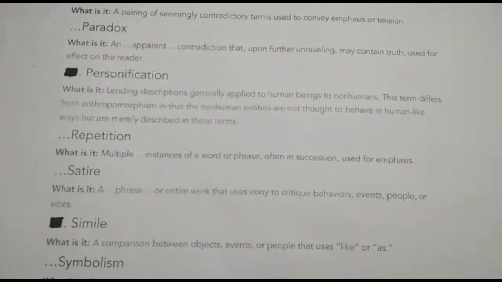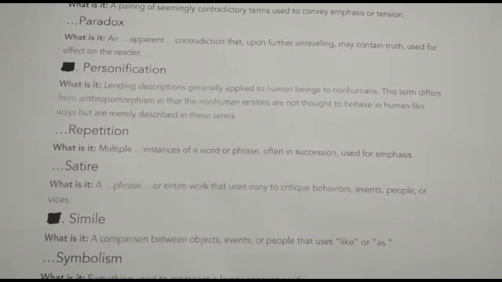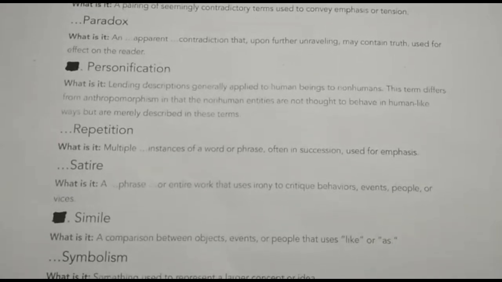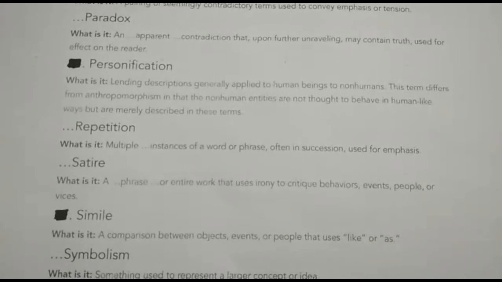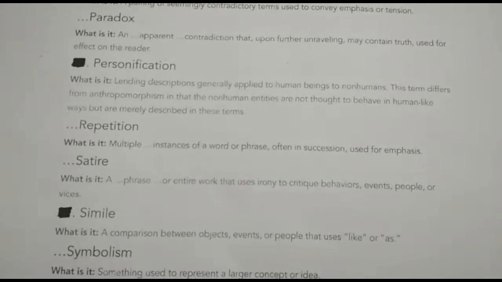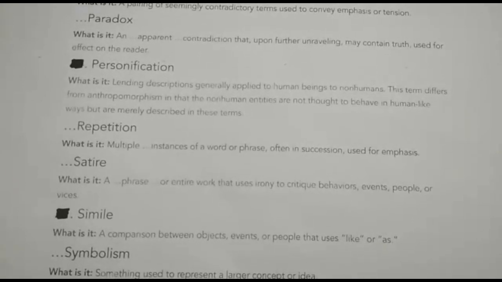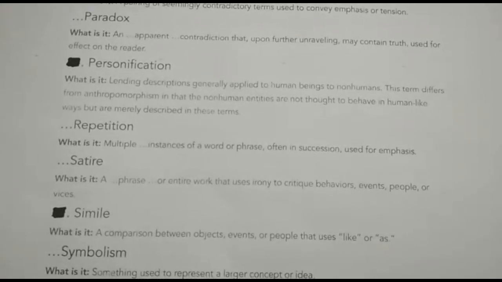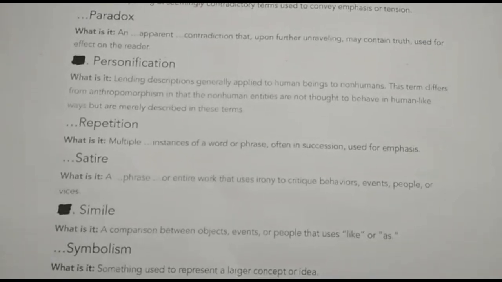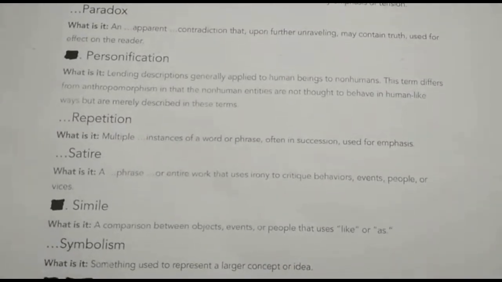Next is personification, lending descriptions generally applied to human beings to non-humans. This term differs from anthropomorphism in that the non-human entities are not thought to behave in human-like ways but are merely described in these terms.